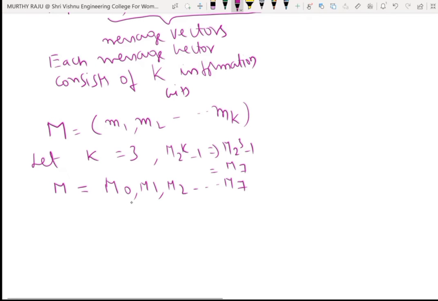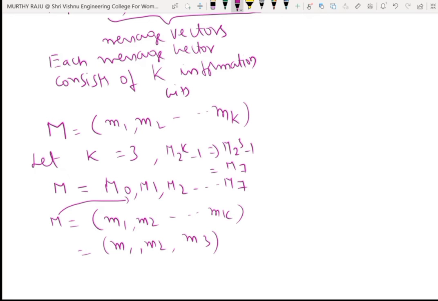Each and every message vector has k information bits. That means k is equal to 3. All possible message vectors are represented by capital M, and each message vector is represented in this form: small m1, m2, and so on up to mk. Therefore, k is equal to 3, m1, m2, m3, 3 bits.